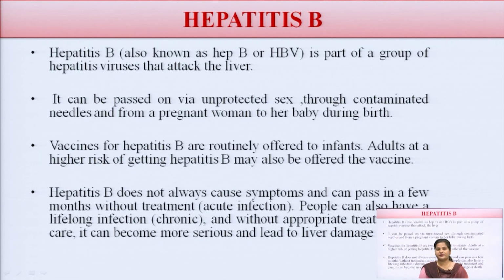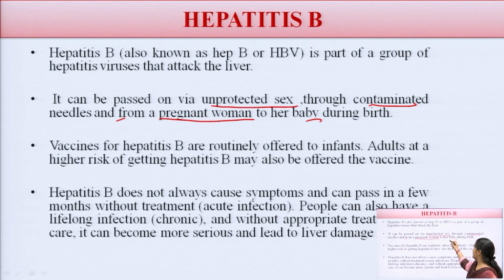Now hepatitis B. Hepatitis B is also known as Hep B or HBV. This is part of the group of hepatitis viruses that again attack the liver, and it is caused by unprotected sex, contaminated use of needles, and from pregnant women to their babies during birth.